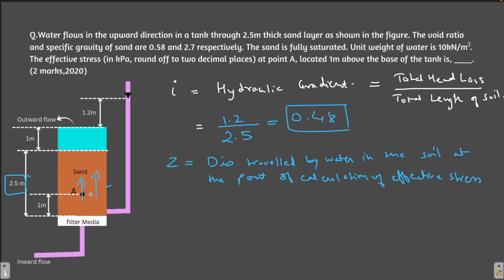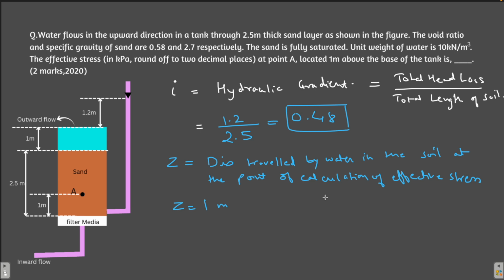It is entering in this way, and it is covering a distance of how much? 1 meter before point A. So here Z will be 1 meter, and not 2.5 meters, because there is a high chance that people will make the mistake of taking either 2.5 meters or 1.5 meter for Z. It is not compulsory that we take Z from the top to the bottom. No, it is not like that.